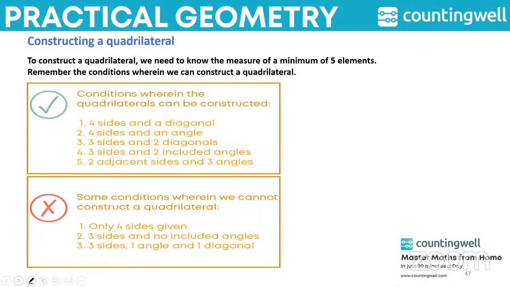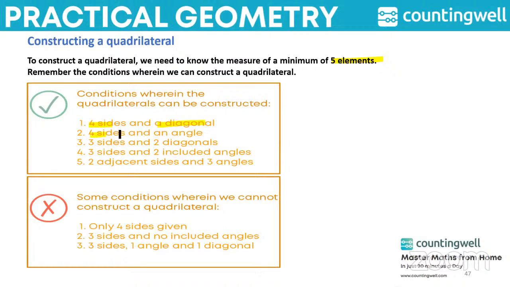While constructing a quadrilateral, we need to know the measure of a minimum of 5 elements. How many elements? 5 elements. Remember the conditions wherein we can construct a quadrilateral. If you have 4 sides and a diagonal, that means the measures of 5 elements are known.